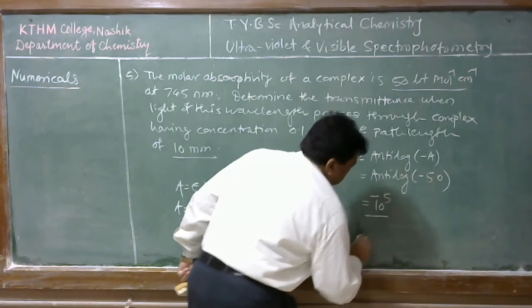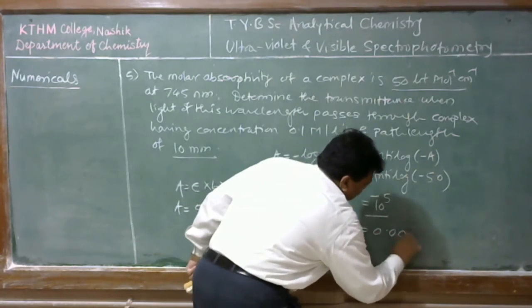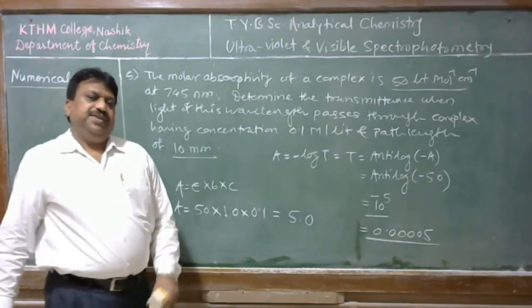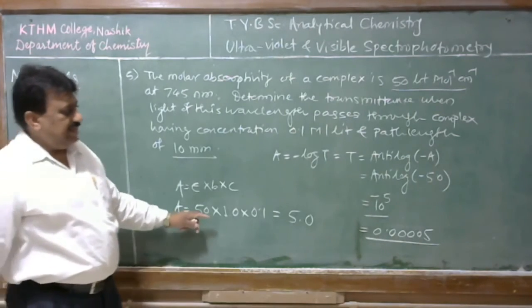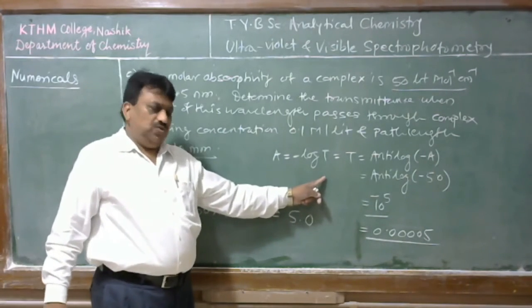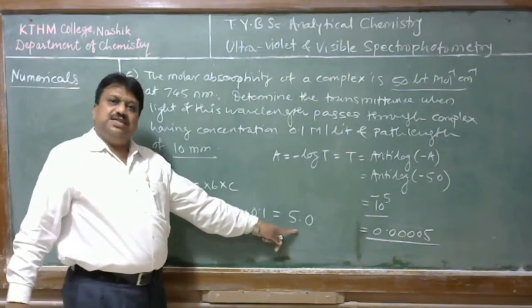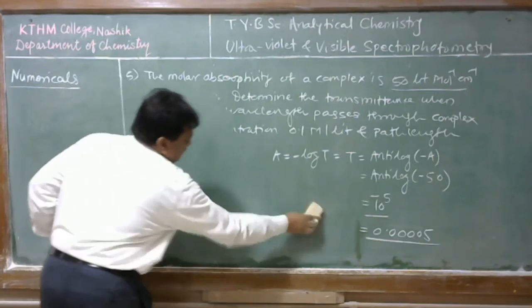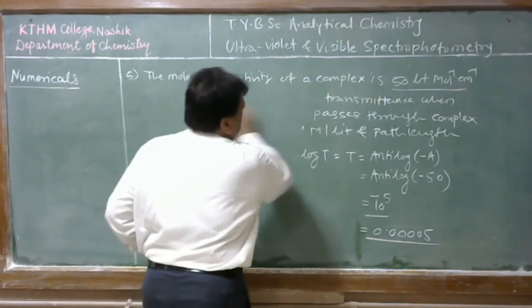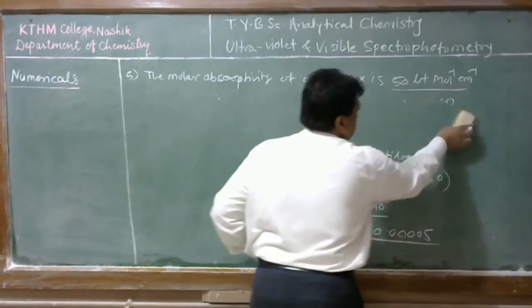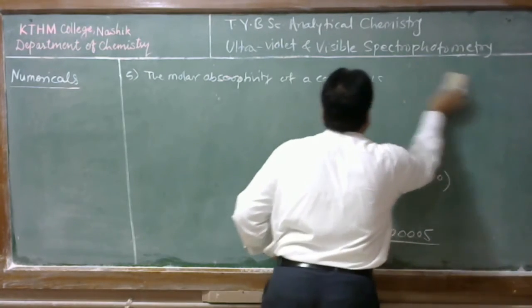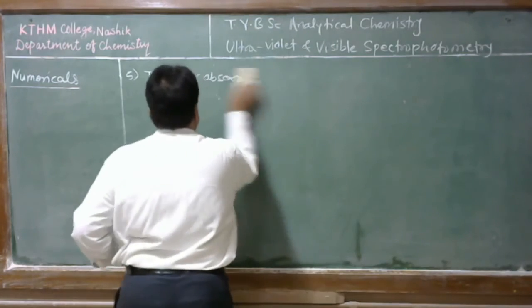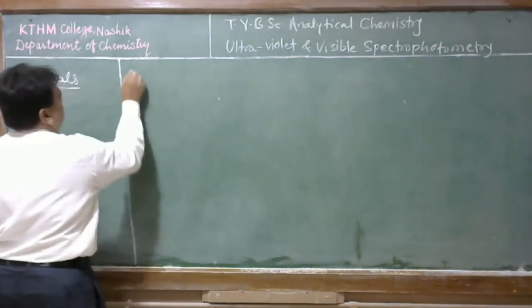This is the transmittance, 0.00001. That means a very small amount of light is transmitted through that solution, because here absorbance is 5. Here we can calculate the transmittance when we know the molar absorptivity, and we can also utilize molar absorptivity for determination of concentration of a substance. Therefore, next problem.